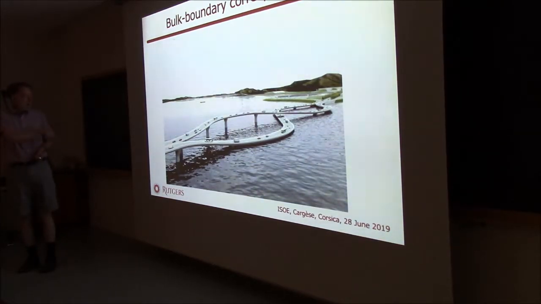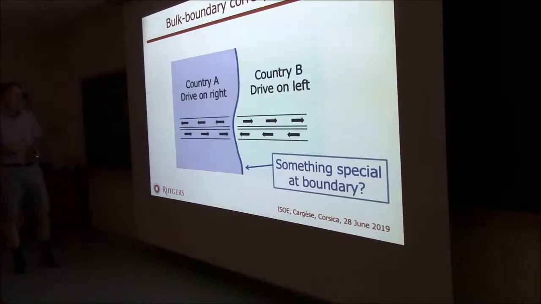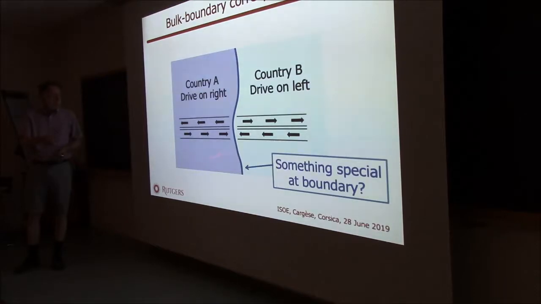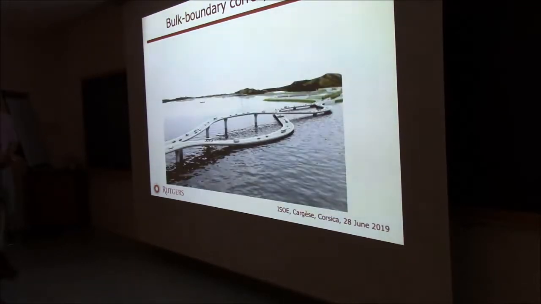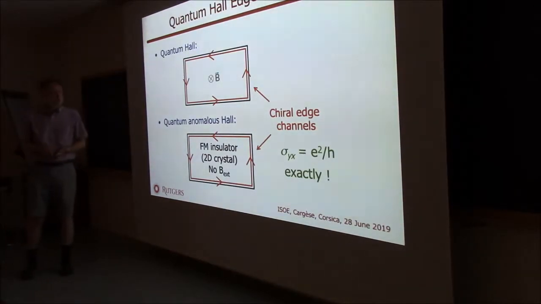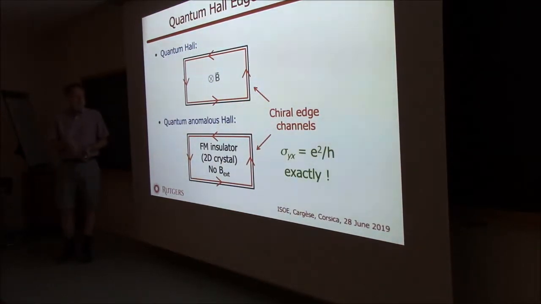So you have a well-defined topological state A, well-defined topological state B, and then at the boundary between these two things, you have to have some kind of disturbance. And the corresponding statement about topological insulators is that at the boundary, you have some kind of metallic state separating this insulator from that insulator. And in the case of the two-dimensional quantum Hall or quantum anomalous Hall state, that thing at the boundary is a chiral edge channel.